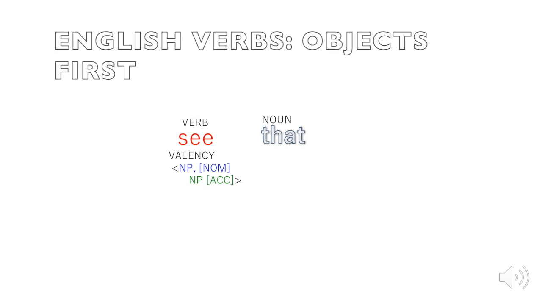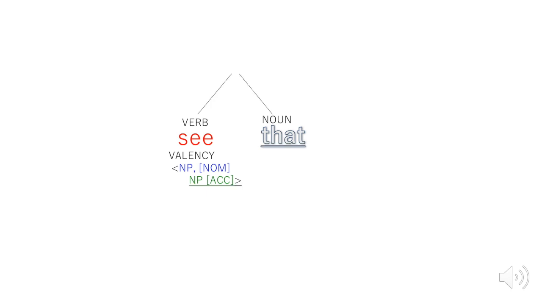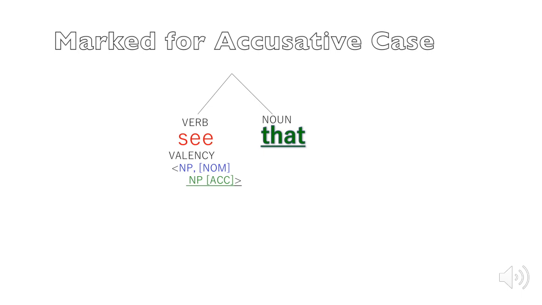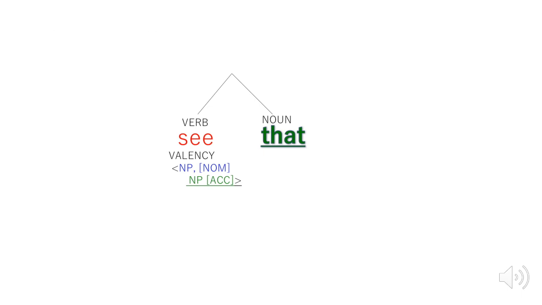We can see the information in the valency list. It matches with the information on the noun or noun phrase, and that becomes marked for case, accusative case. Because all this information matches up without any problem, we get a nice verb phrase.